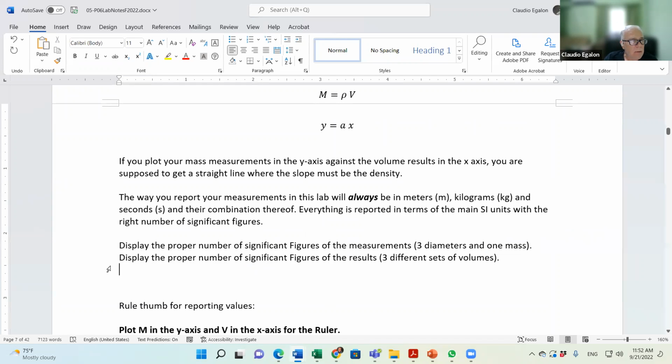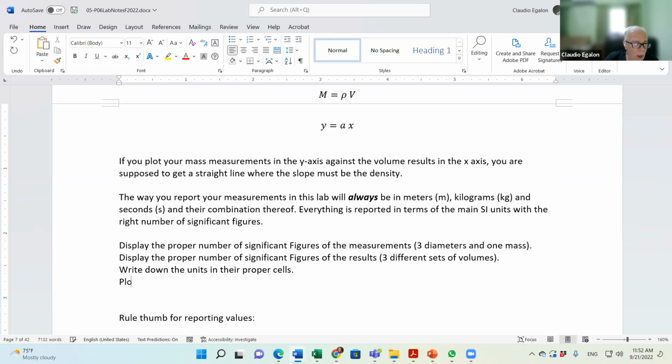Okay. Display, write down the units in their proper cell. The units in their proper cell.